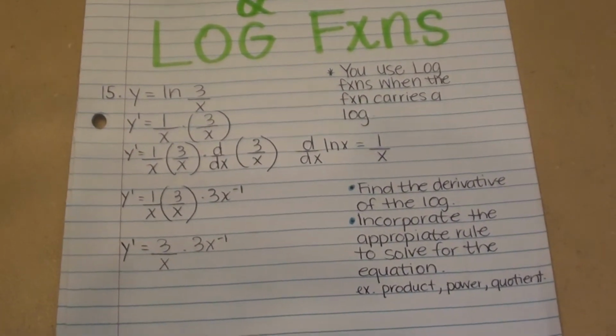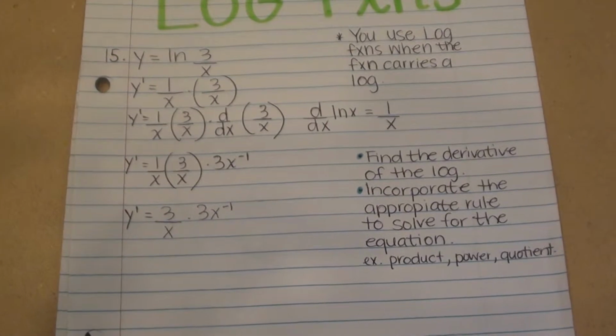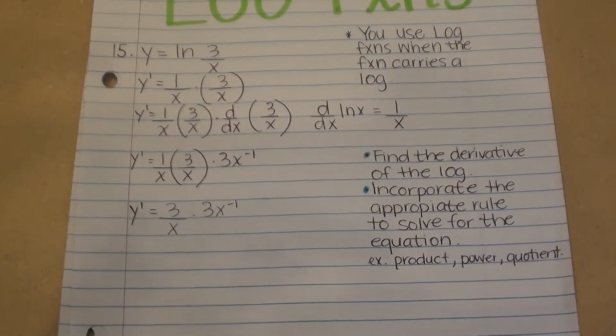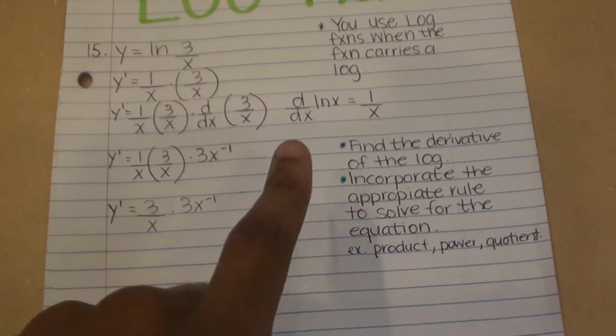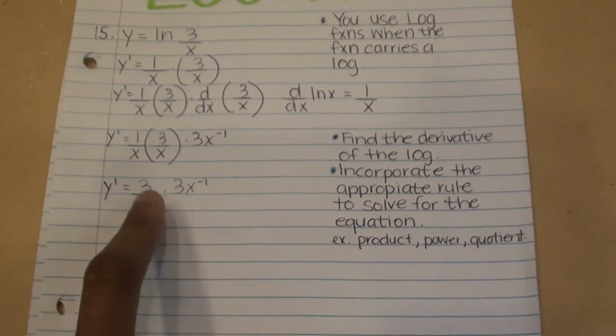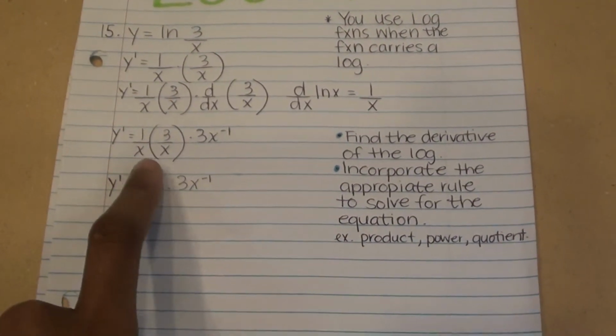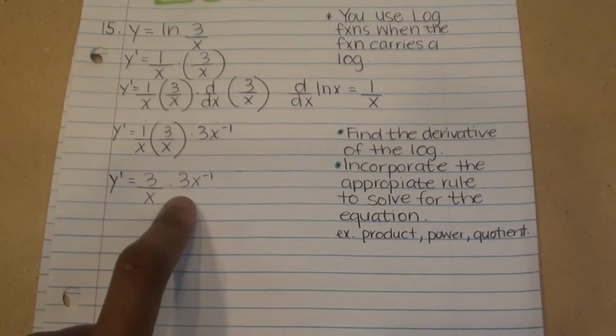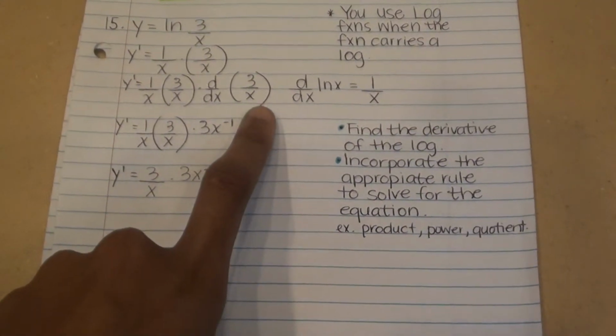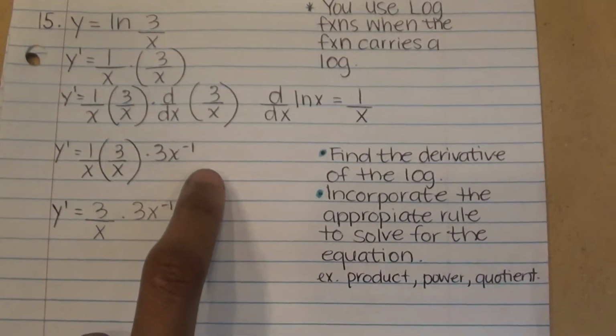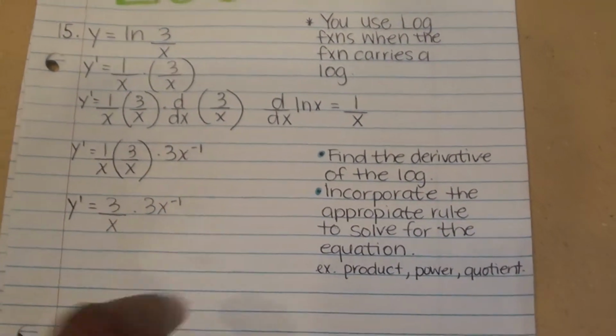Then you bring down your first function and your inside function, and you solve for the derivative of this function. So you can multiply these two together. This now becomes 3x times the derivative of 3 over x, which is 3x to the negative 1 power.